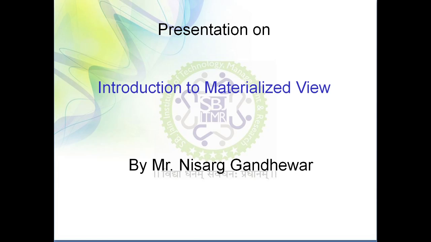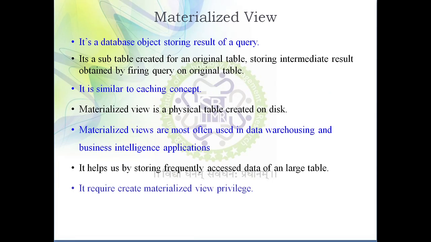Now we will discuss what a materialized view is and how it is created, along with an example. First of all we should know what a materialized view is. A materialized view is nothing but a database object which stores the result of a query. So in a materialized view we are storing the intermediate result.